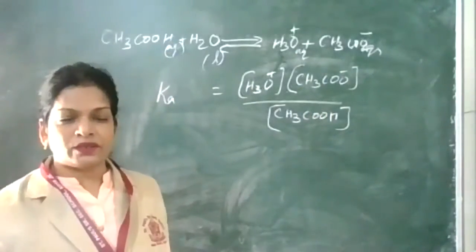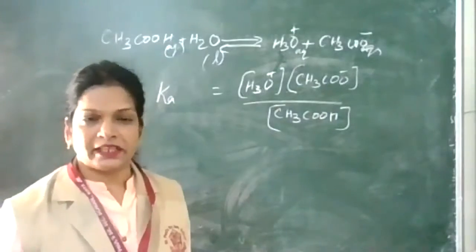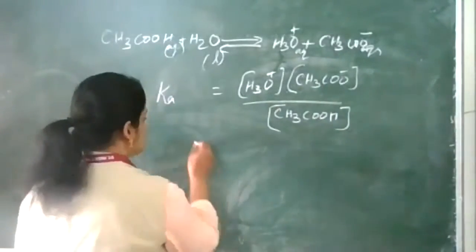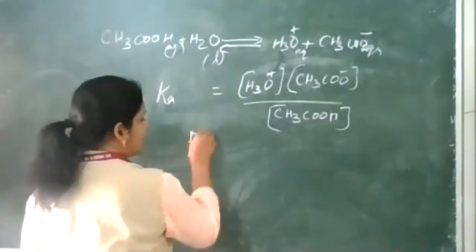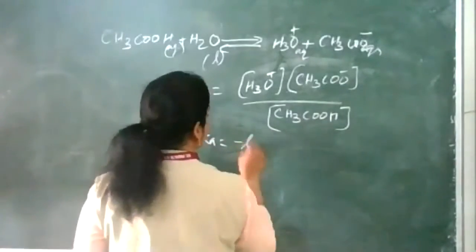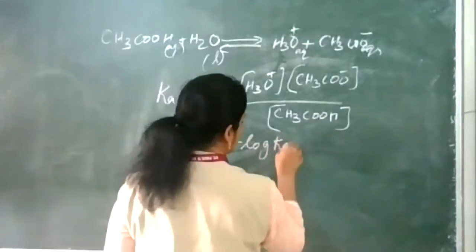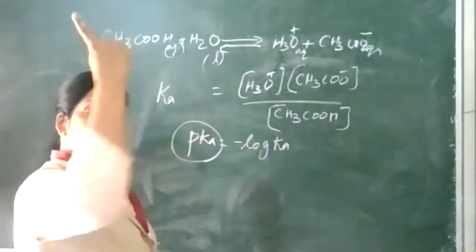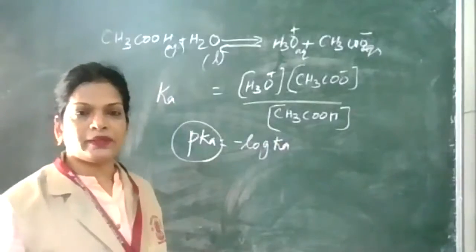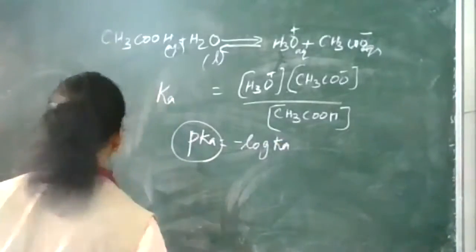Ka value is not a good value to see, so we convert the Ka into pKa by taking minus log Ka. So pKa value is a small number, that is minus log Ka. As pKa value increases, acidic character decreases. I am giving you some pKa values of different acids.